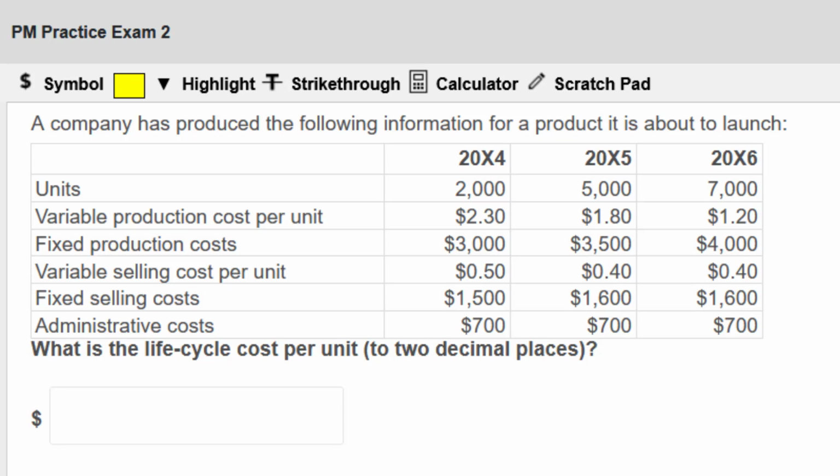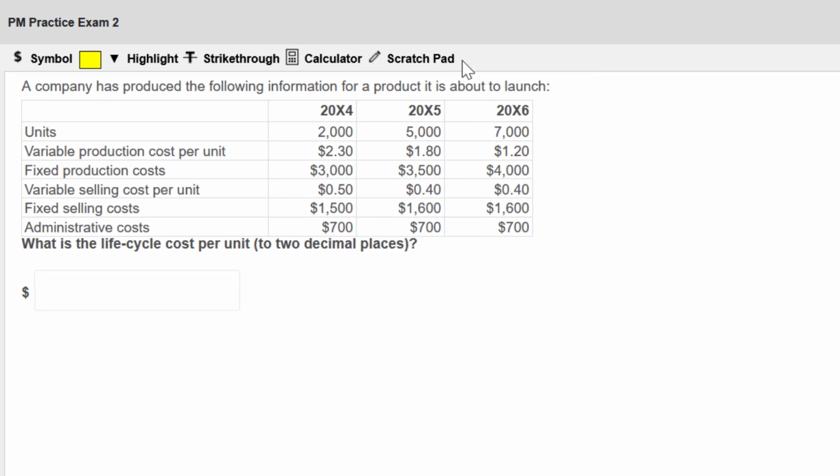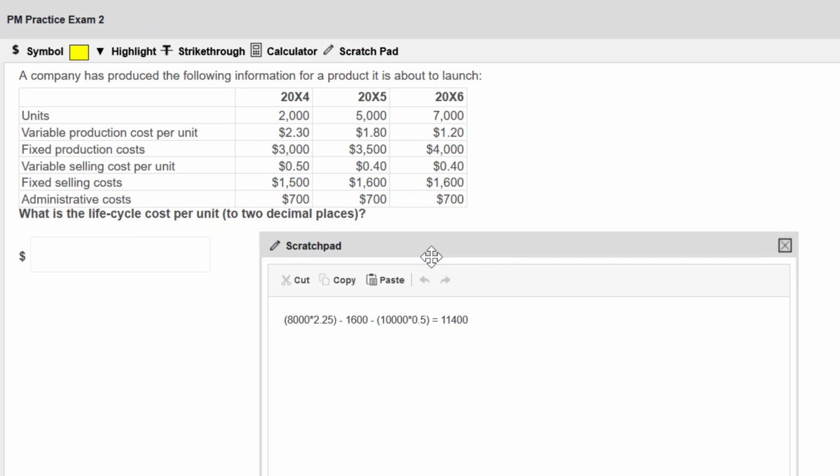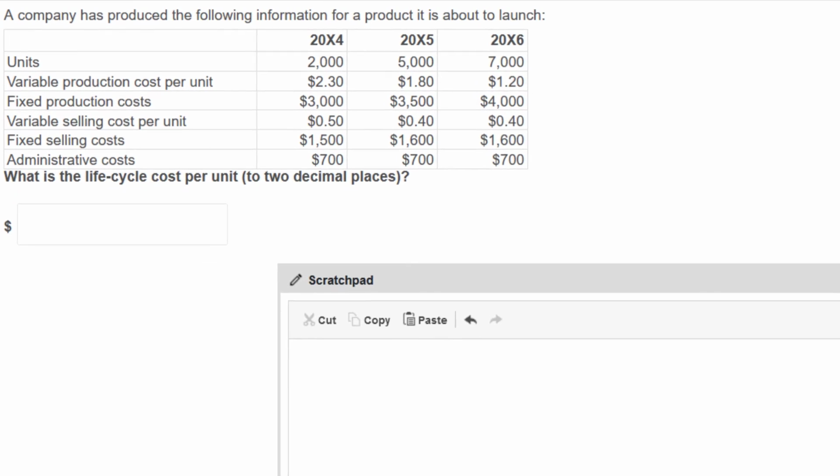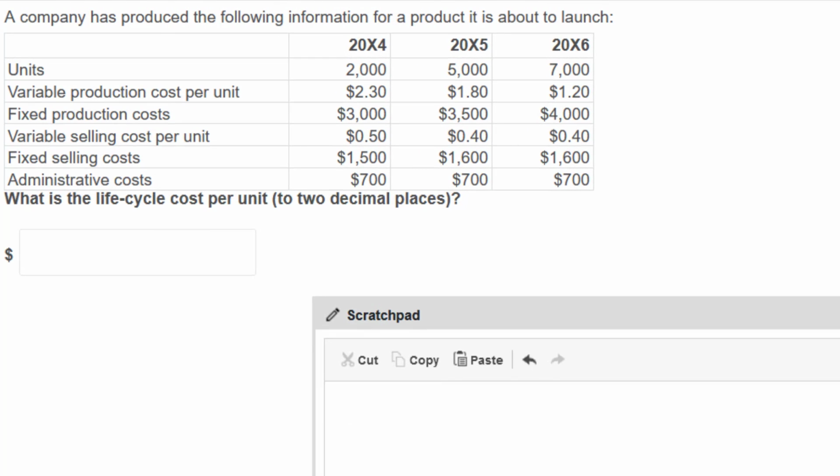So let's break things into fixed and variable costs, and let's work carefully and neatly in our calculator. And we can do this using our handheld calculator and lots of brackets. So let's set this up together in the Scratchpad. I would just type it into the calculator. I wouldn't do the work double. So let's start out with the variable costs.